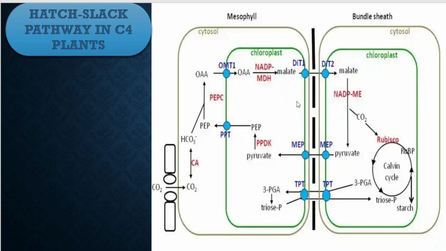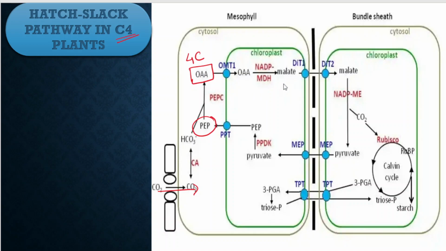So what happens in C4 plant, when the carbon dioxide enters into mesophyll cell, it is taken up by the phosphoenol pyruvate, which is then converted into oxaloacetate, which is a 4 carbon molecule. That is why it is called C4 plants, because the first product produced here is a 4C molecule, oxaloacetate.